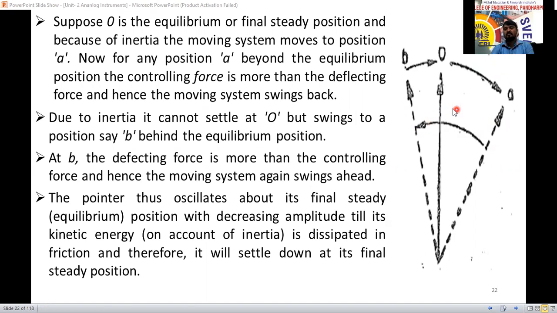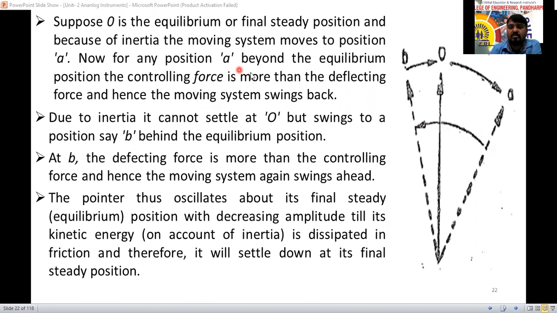Now on one side because of the controlling force, on the other side because of the deflecting force, it keeps going back and forth. If the deflecting force is greater than the controlling force, then it swings ahead of that equilibrium value. And if the controlling torque is greater than the deflecting torque, then it will be brought back to the equilibrium value here.